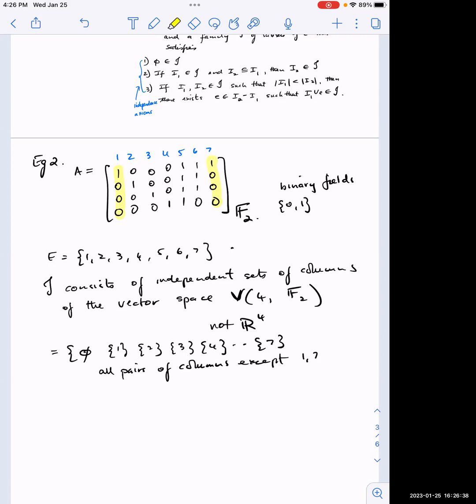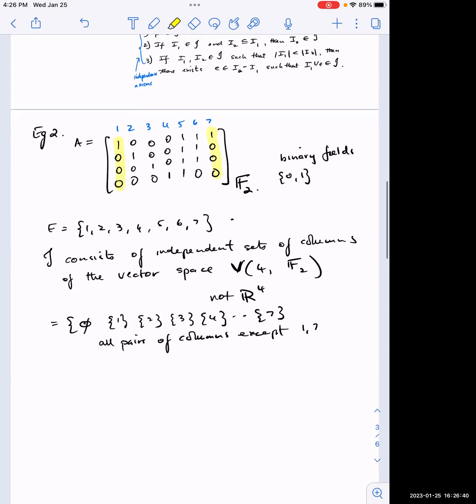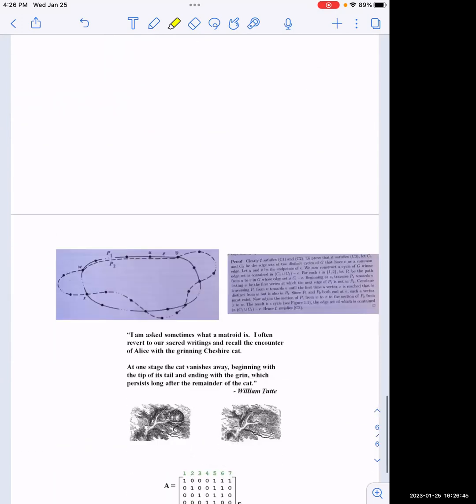So that's not independent. And then let me grab, I got some figures here.